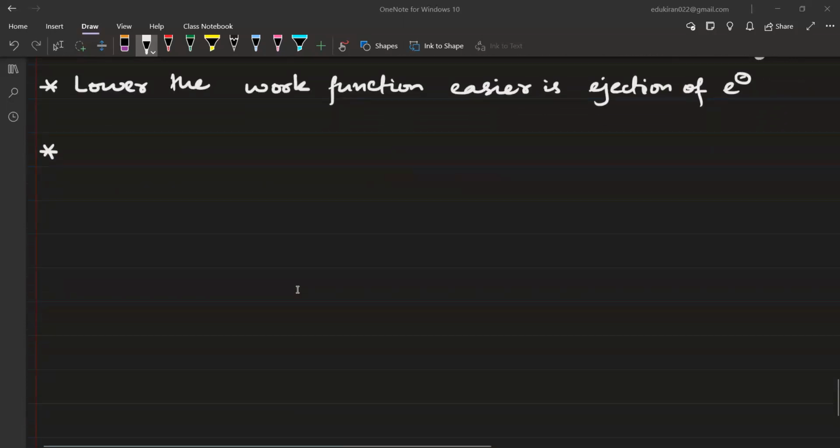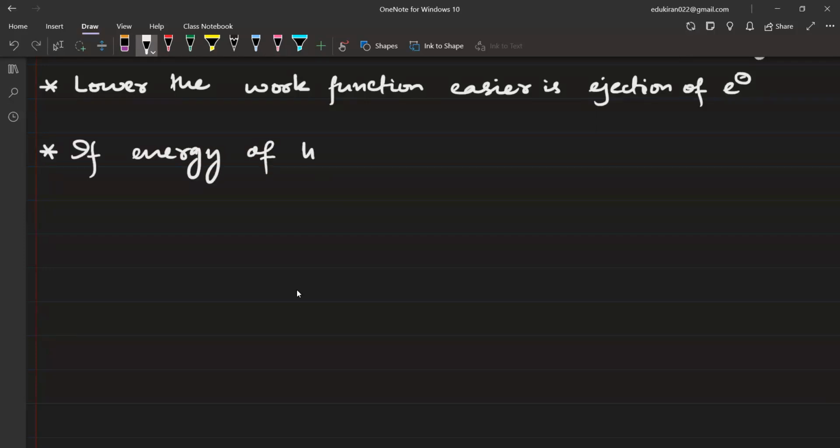So we are going to write one more point. If energy of light is greater than the E naught, E naught is threshold energy, right?